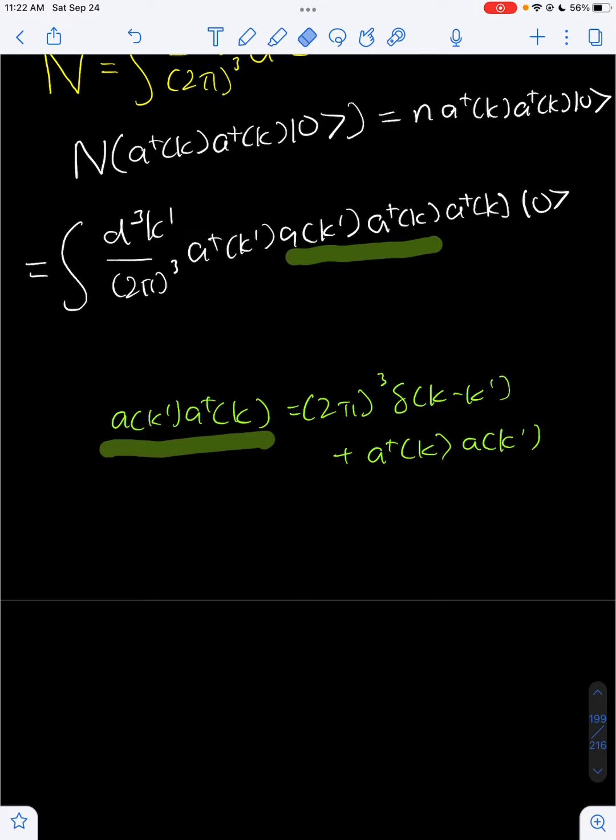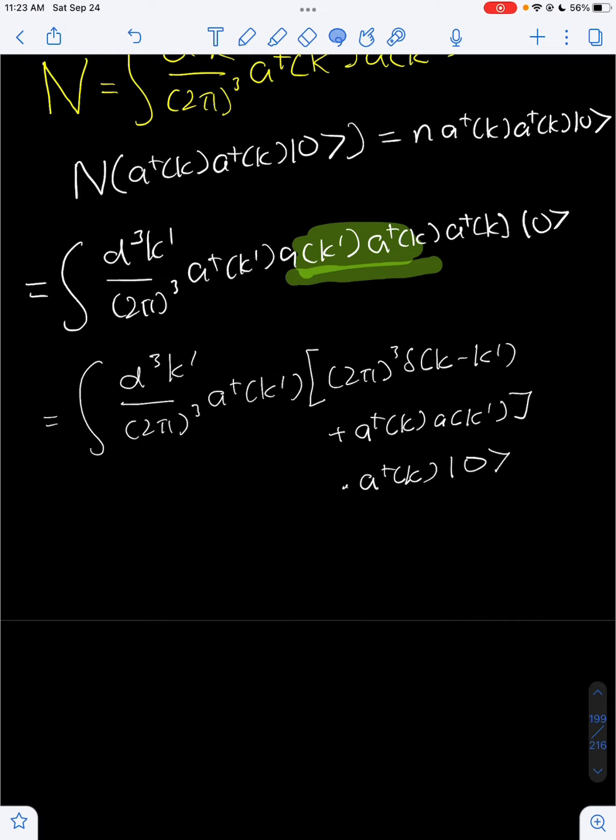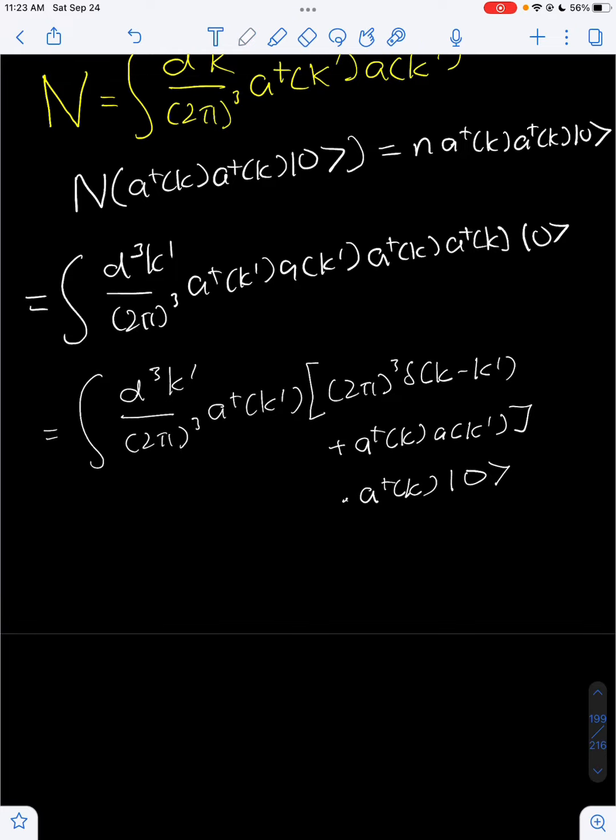So we just have to expand this term in terms of this. So we now get this over here by just plugging in our commutators. And by the way, since we ran out of space, this entire thing is being multiplied by A conjugate K.